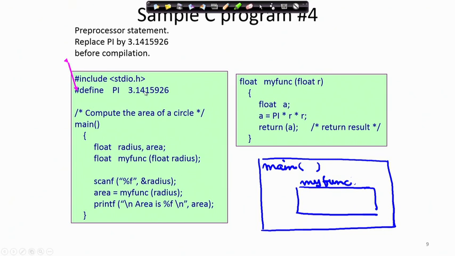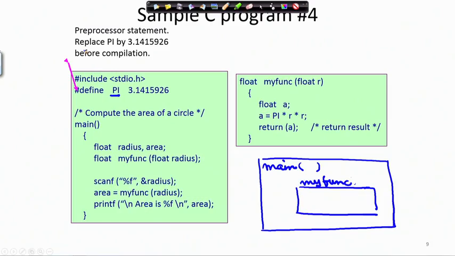That means wherever in this program pi will appear, there we will replace it with this value 3.1415926, but inside the program I will not write pi. I am just defining it once for all, and this means I am replacing pi by this value before the compilation is done. Okay. So, this is again a preprocessor statement. We will continue with this example in the next lecture.